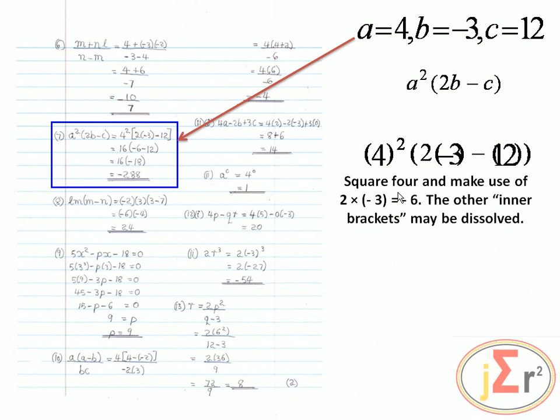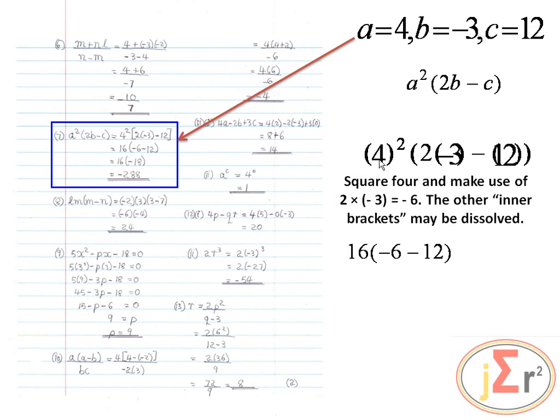Square 4 and make use of 2 times negative 3 is equal to negative 6. The other inner brackets may be dissolved, which is this one, negative 12. So we may eliminate this bracket because it is not necessary. But the one that we have here would have done its work already. 2 multiplied by negative 3 rather than 2 minus 3. So 2 multiplied by negative 3 is negative 6.